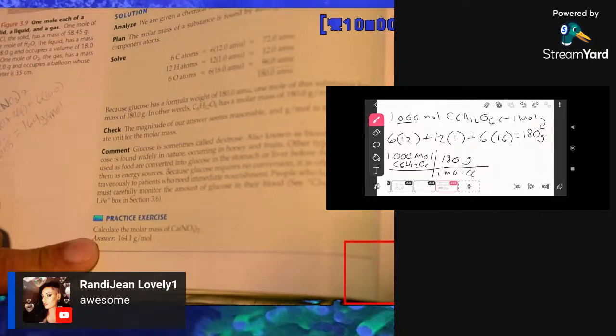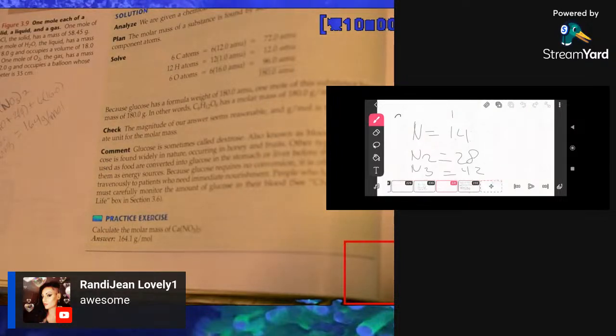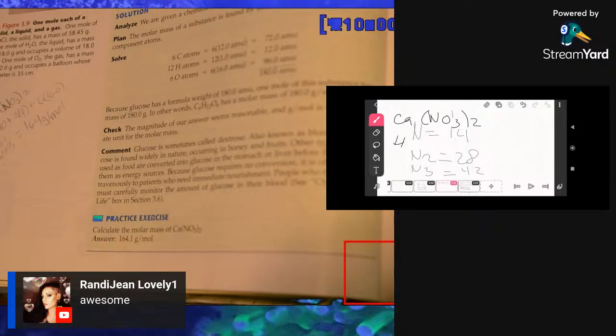Now it says calculate the molar mass of calcium nitrate. All right, so we're going to go one space back. So calcium nitrate, Ca(NO3)2. Calcium weighs 40, plus 2 times nitrogen, I think it's 14, 2 times 14, plus 6 times 16.